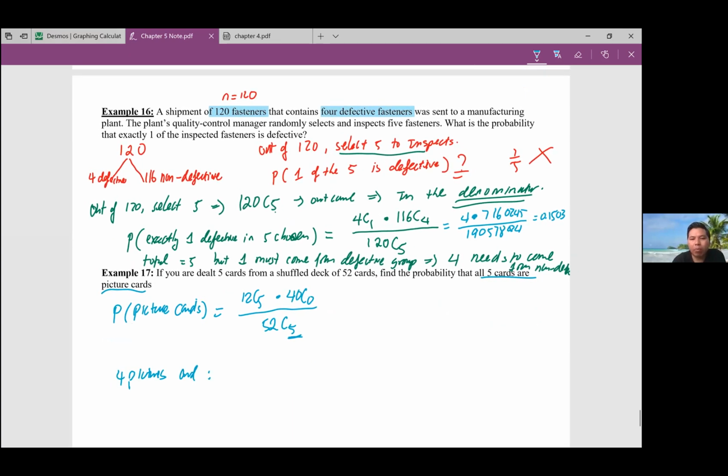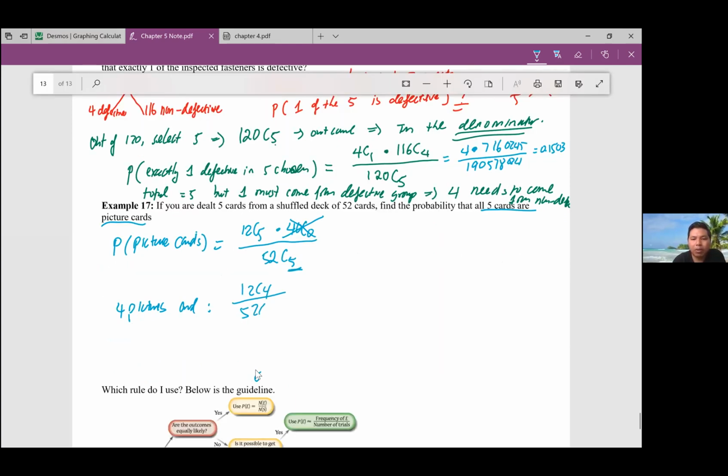Then people would just say 12C4 divided by 52C5. But it's not, because you have to do 12C4 times 40C1. So Grayson said, I'm just gonna follow the rule. It's a little slower, but it will guarantee the right answer every single time.